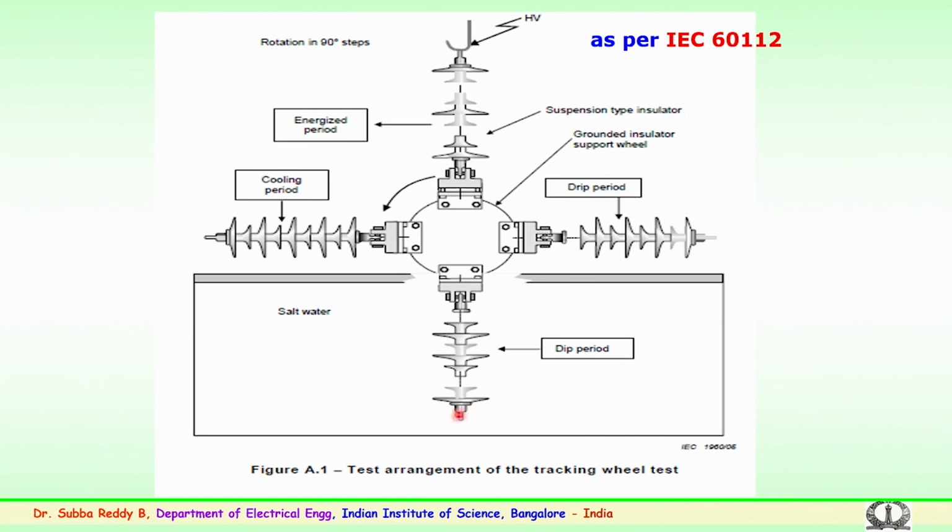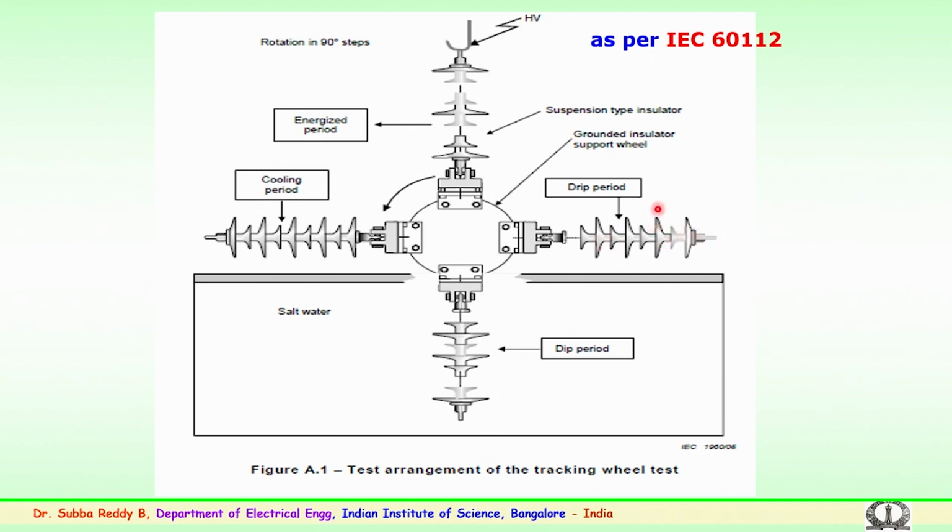The insulator undergoes the dip period, that is, the insulator gets dipped in this period. Then it rotates and comes to the horizontal position for a period known as the drip period, where the droplets drip during this period.